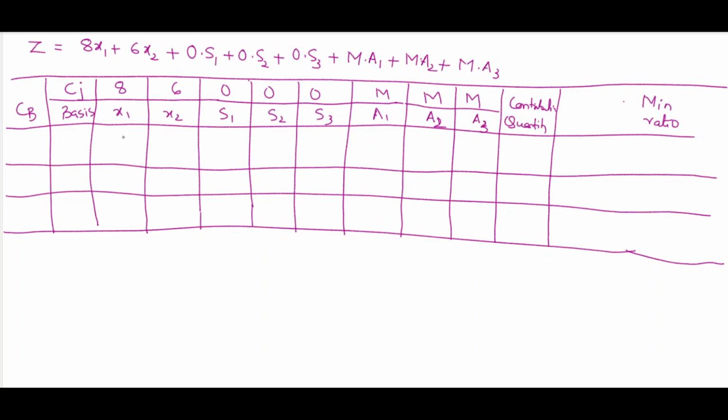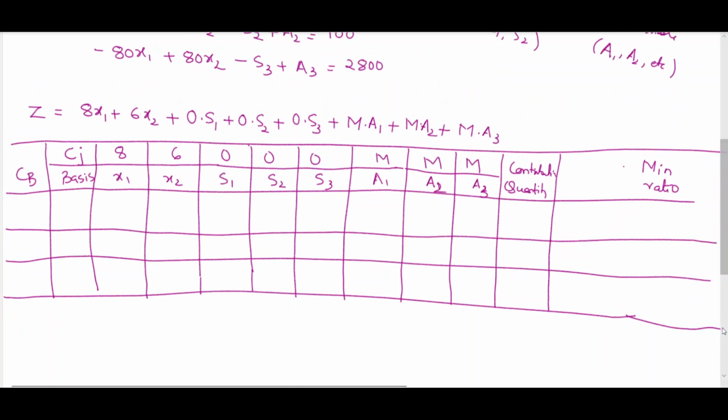Now come to the first column. First column is the CB, the coefficient of the current basic variables. What are the current basic variables? In maximization they were 0, 0, 0, 0, but in this case here the coefficient is M. And what are the basic variables?